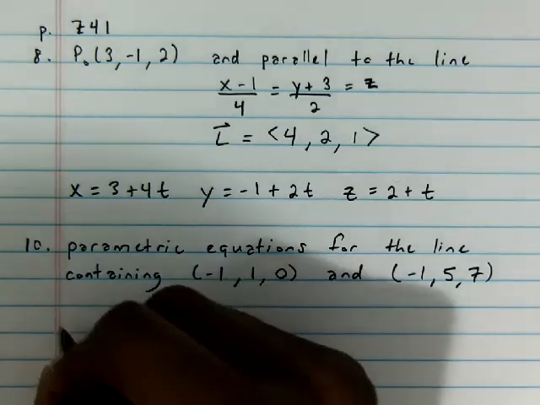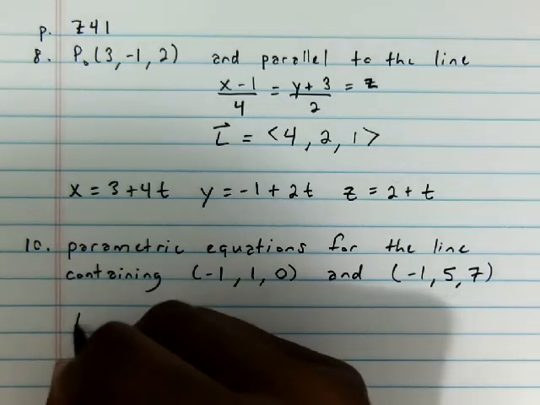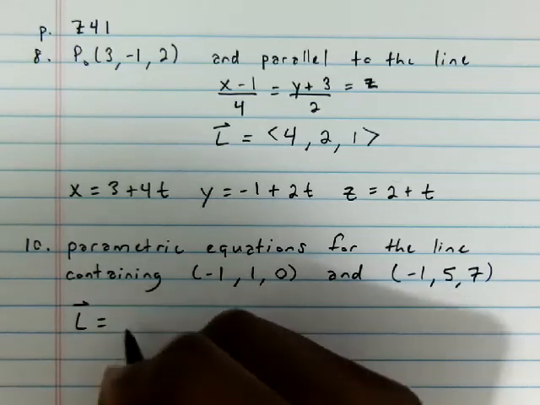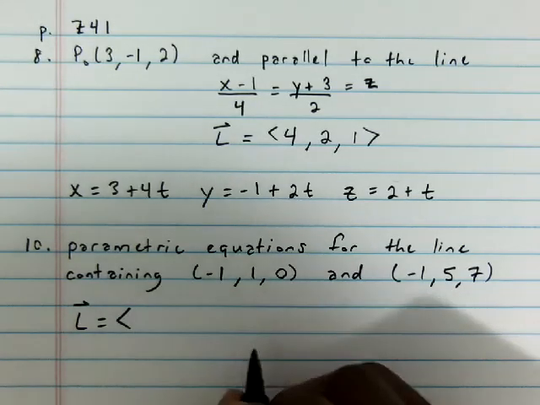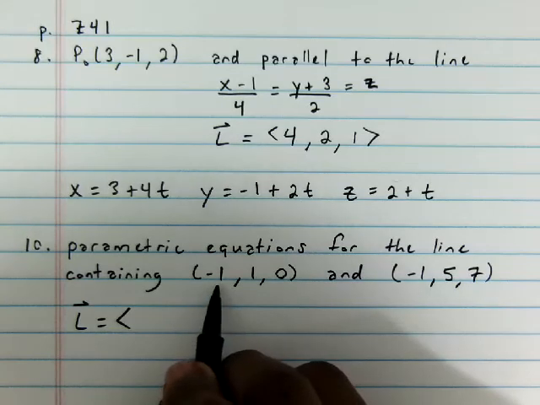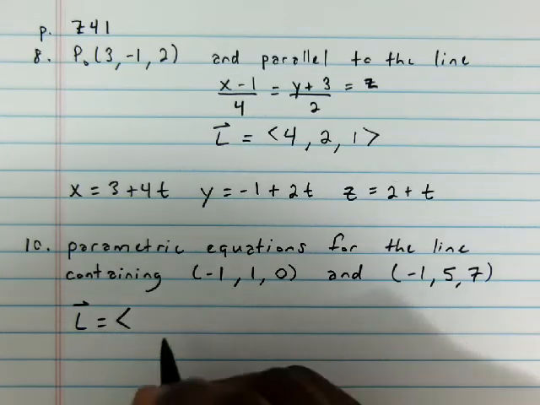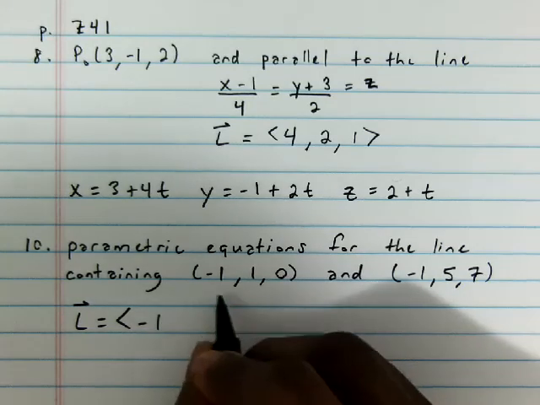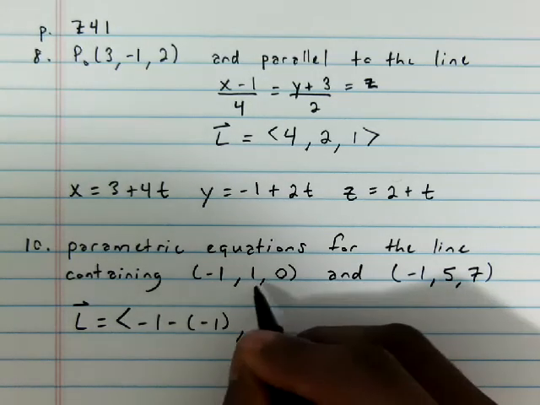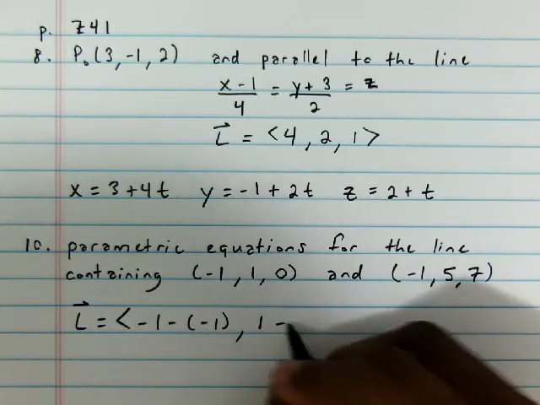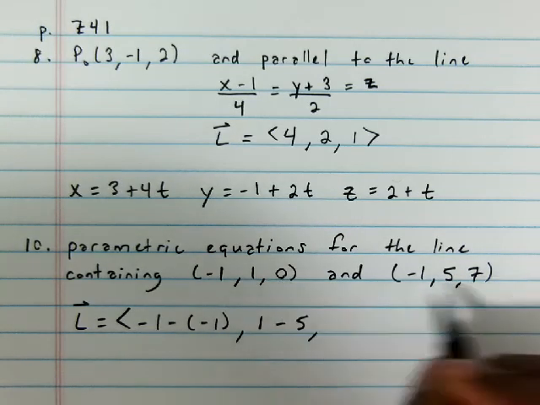So we'll say our L that we need, we're going to use these points to get it. And it doesn't matter which way you go, as long as you maintain the same thing. So you can go from this point to that point or vice versa. So this is -1 minus -1, then 1 minus 5, and then 0 minus 7.